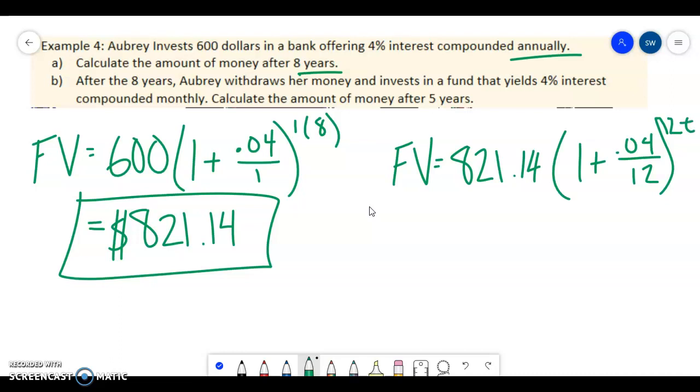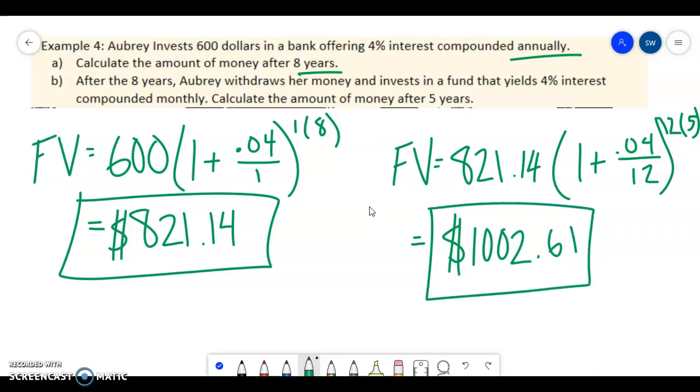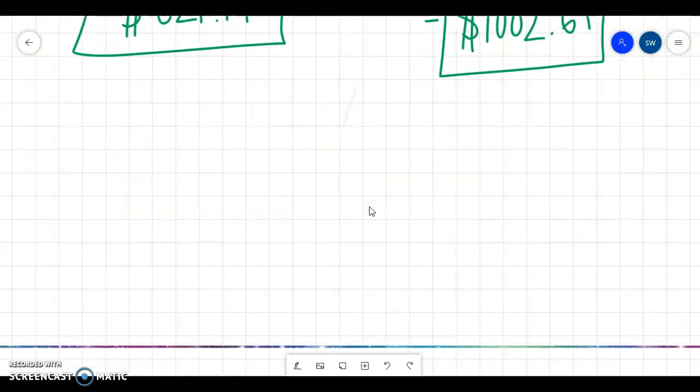We know the time is 5 years, so it's really to the 60th. So we just type that all in, and we get an amount of $1,002.61. There we go. All right, one more problem and we are done.